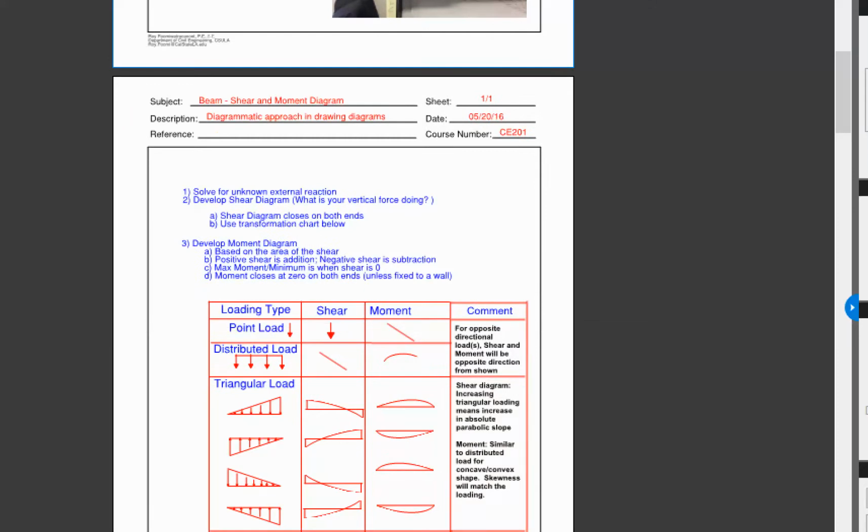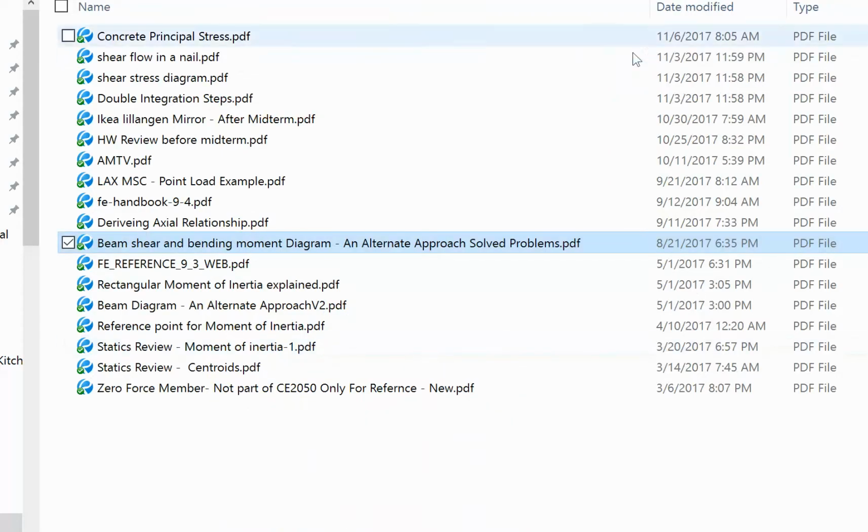So if you don't know already, this is already uploaded on the handout portion, labeled Beam, Shear, and Bending Moment Diagram, an alternate approach, solve problems.